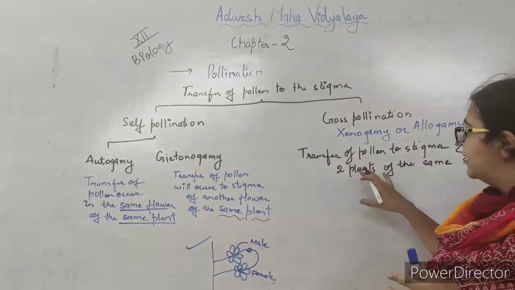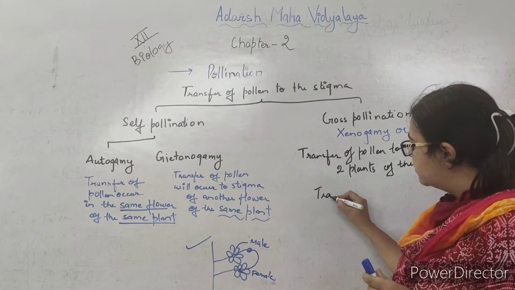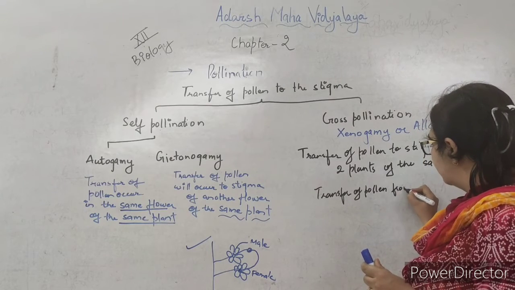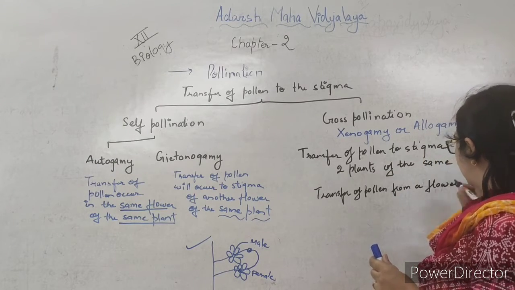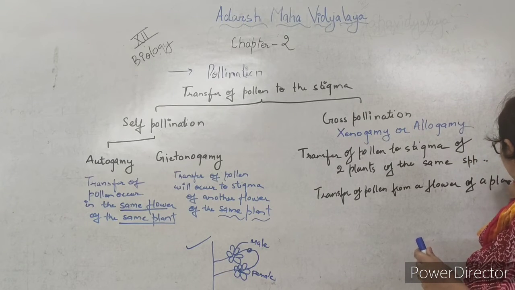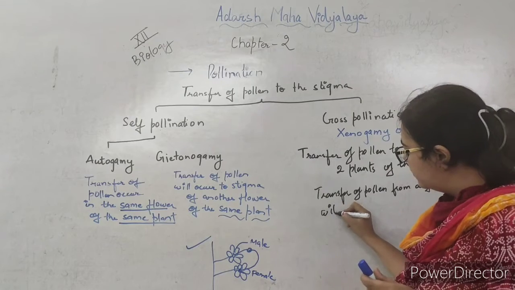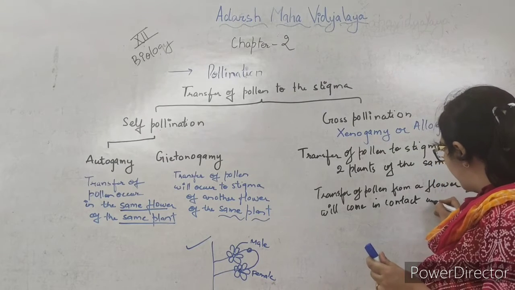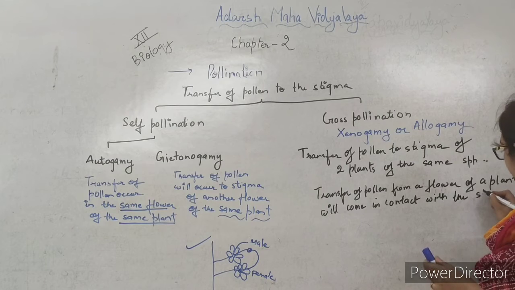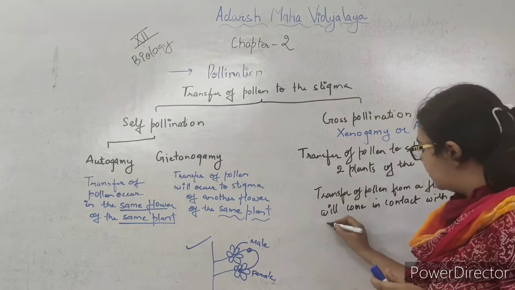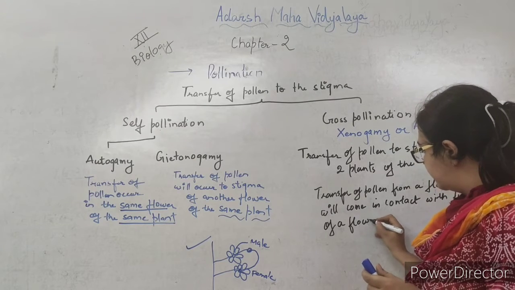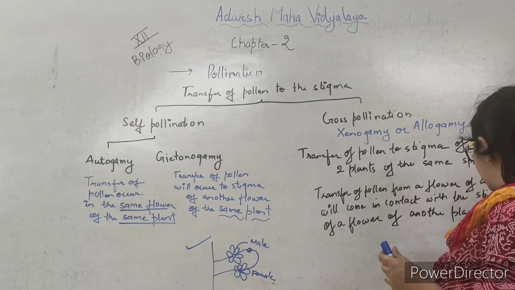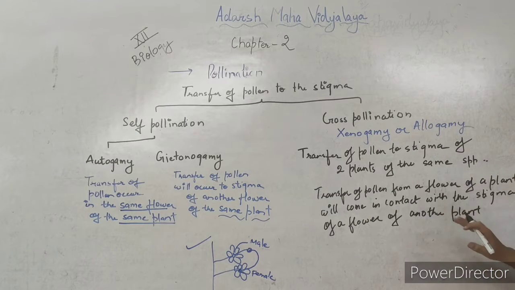Here I'll make it more clear: transfer of pollen from a flower of a plant will come in contact with the stigma of a flower of another plant. So here we are talking about two flowers and two plants.